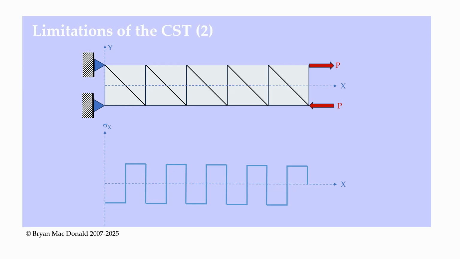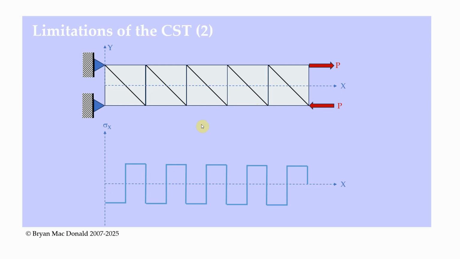Because we assume a constant strain within the element, we can't represent the complex strain gradient that occurs where we have a change in strain in the x direction when we have strain in the y direction and vice versa. And this results in artificial shear strains or shear stresses being created, which absorb excess energy, and it makes the model less flexible than it would be in real life.